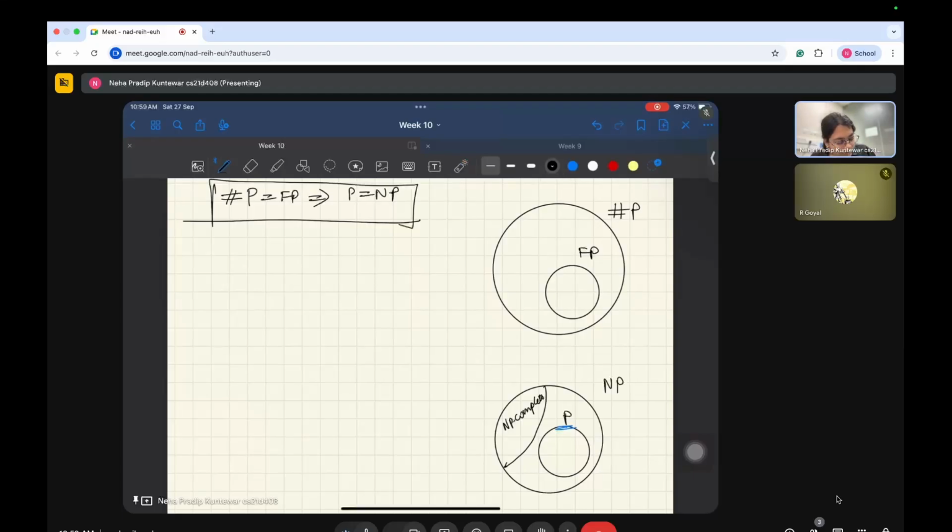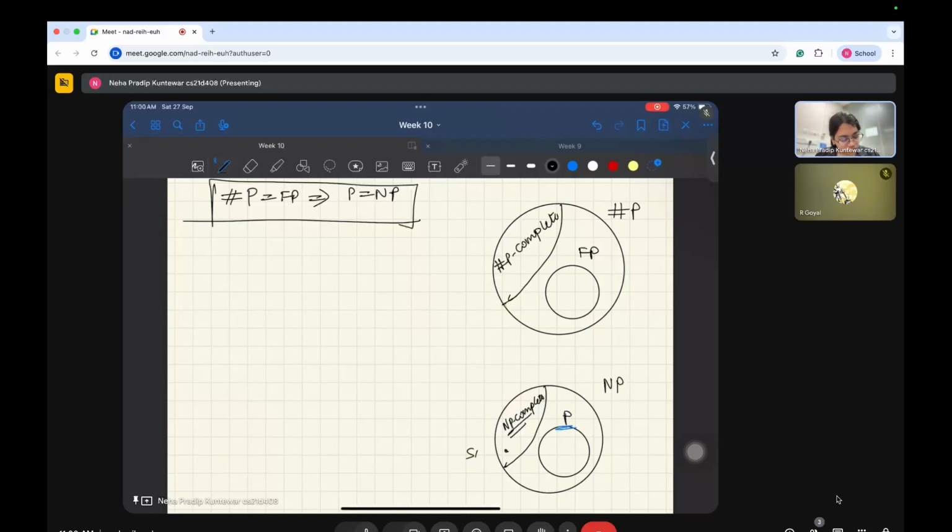Now we have this notion of the hardest problems in NP, which we call NP complete problems. Similarly, is there a notion of hardest problems in #P, which we can call #P complete problems? And why do we need that? For the same reason that we needed NP complete problems: can one problem capture the hardness of the entire class?